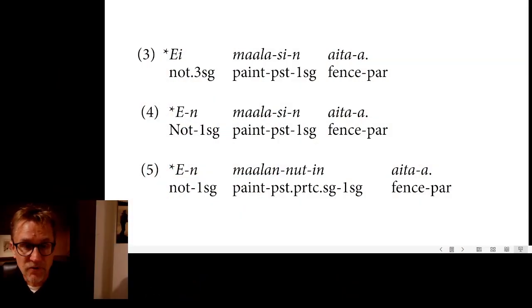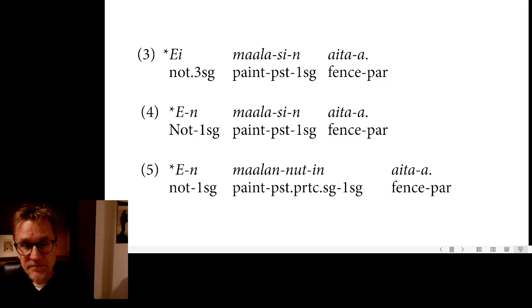We can also test Finnish speakers in the laboratory by showing them these sentences and asking them to report whether they find them correct or incorrect, grammatical or not grammatical. Here are just a couple of examples of what we can create with this type of combinatorics.